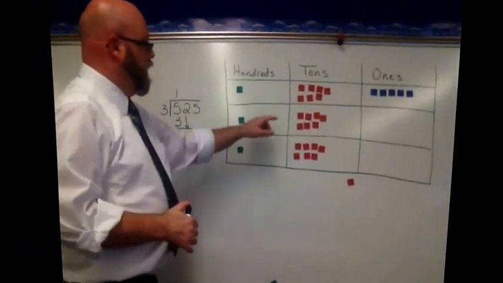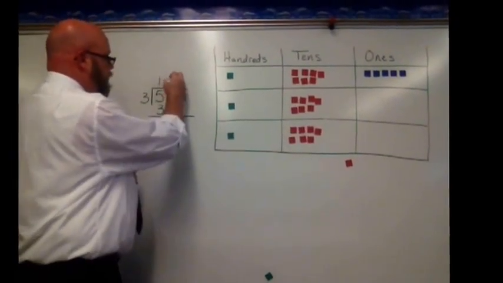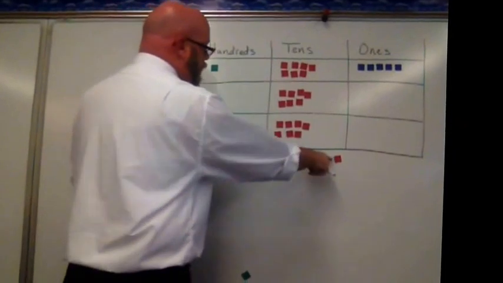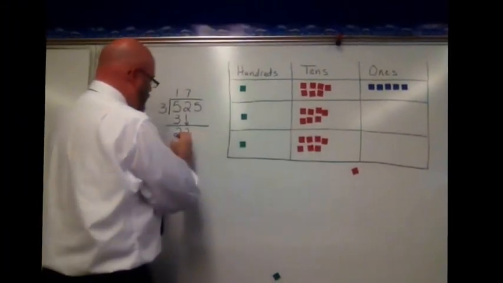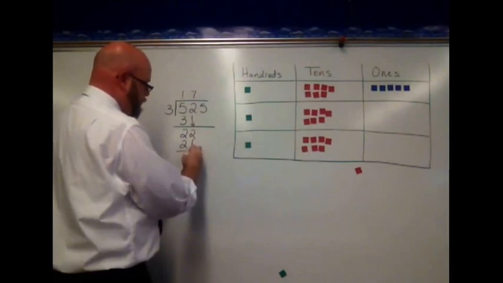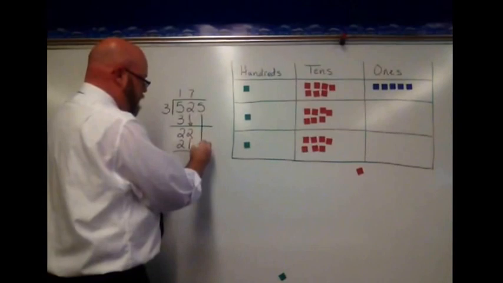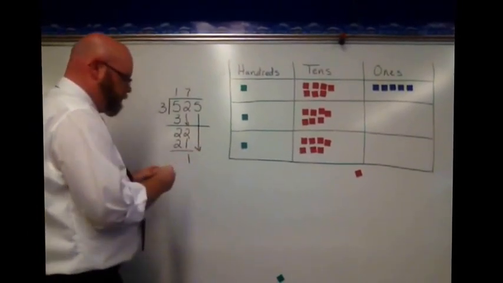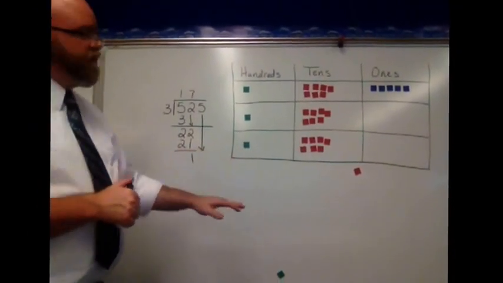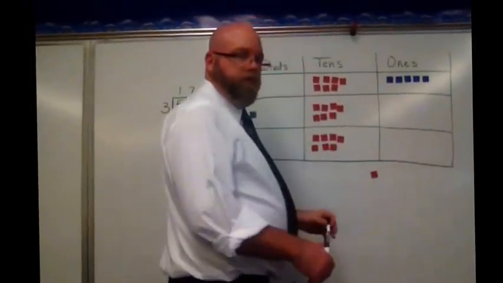Well, I have 7 in each group, 1 left over, which gives me 21 tens, 1 left over. So I'm now going to exchange this 1 ten for ones over in this column.